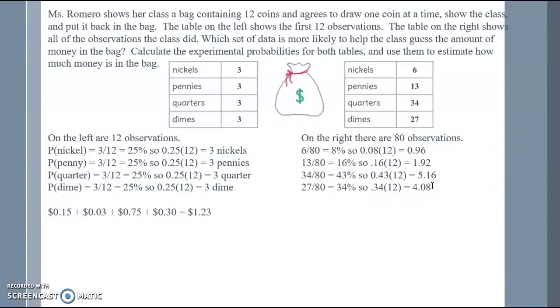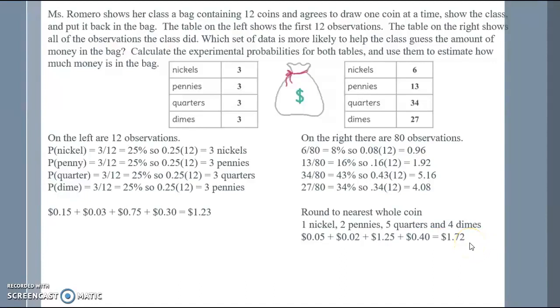But again, we can't have a portion of a coin, so we'll round them to 1 nickel, 2 pennies, 5 quarters, and 4 dimes. So if I count across, I've got, let's see here, 1, 3, 8, 12 coins all together. And then multiplying them by their respective denomination, we have 5 cents plus 2 cents plus $1.25 plus 40 cents, so $1.72, which is the correct answer.